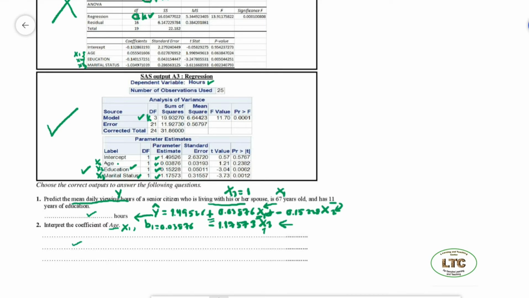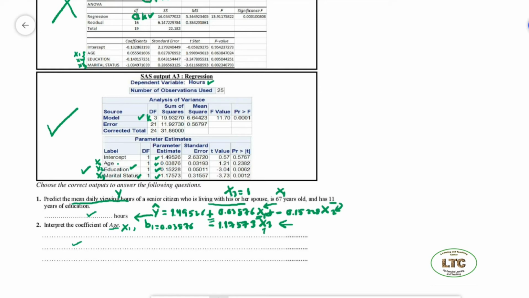If fixing x2 and x3, or you can write for the same years of education, the same marital status, if a senior citizen gets 1 year older, he or she will watch 0.03876 hours more.